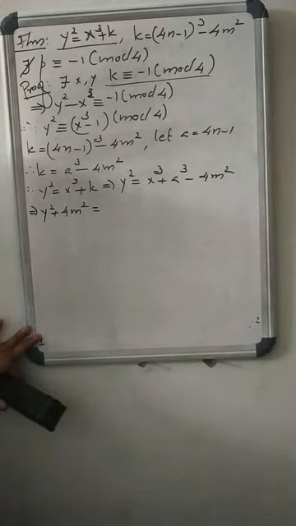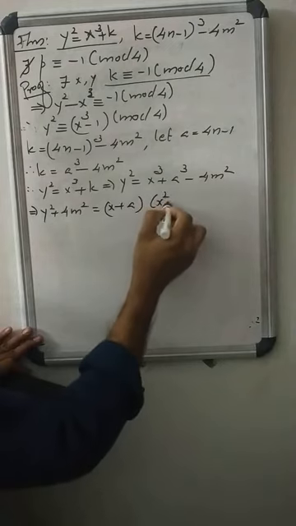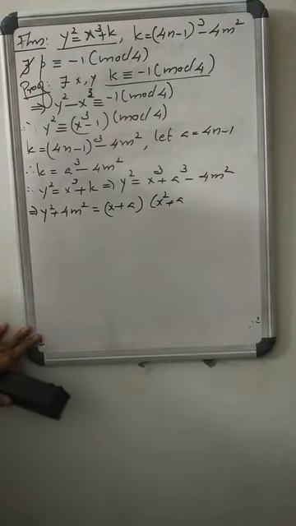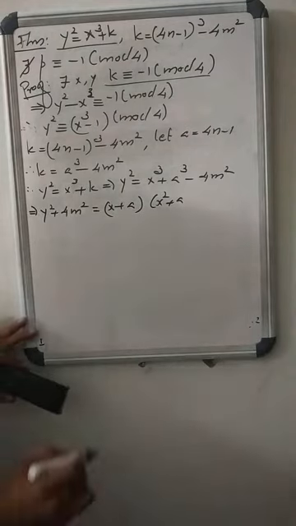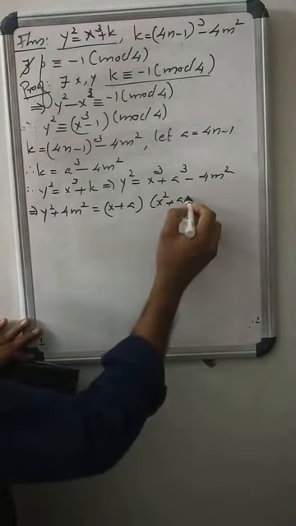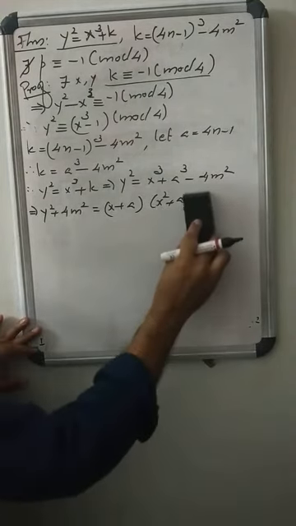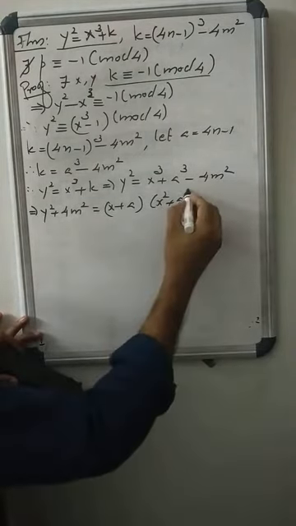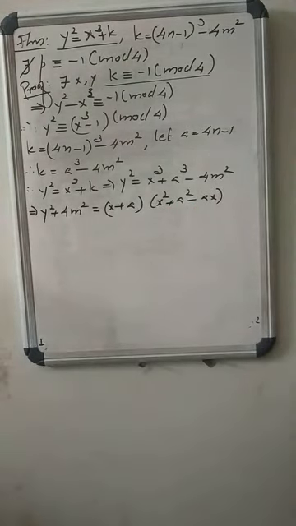What is a³ + b³? It is (a + b)(a² - ab + b²). So here it is (x + a)(x² + a² - ax).